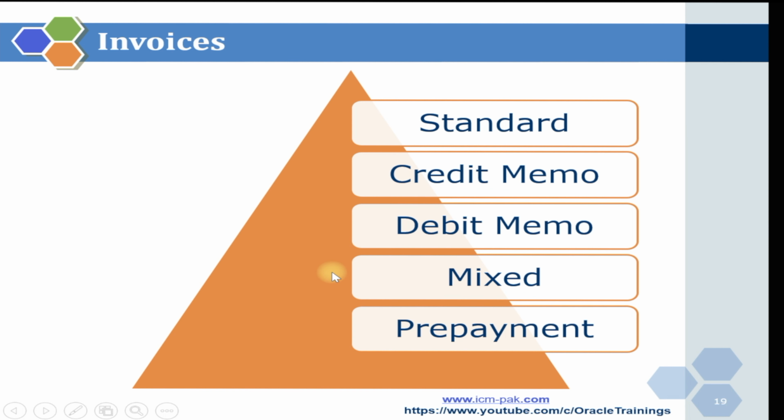Along with that we can sometimes use mixed type of invoices, which might be used for refund type transactions. Anyhow, whenever you are using accounts payables, your main transactions will be standard invoices, then prepayments, and then maybe debit memos and credit memos.